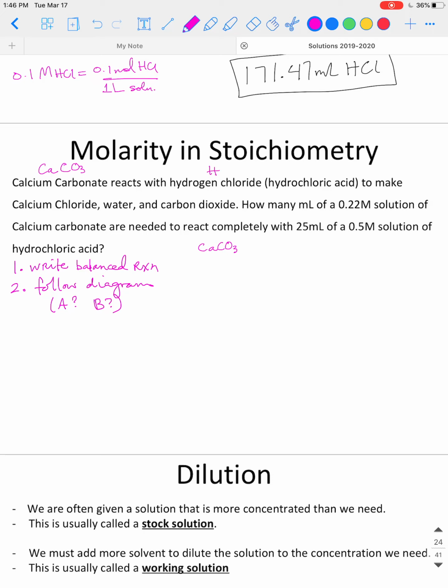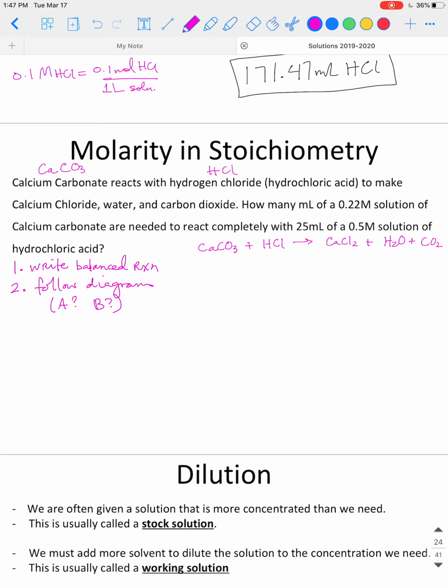It says it reacts with hydrochloric acid, hydrogen chloride, HCl, and it makes calcium chloride. We'll need 2 chloride anions there because calcium is a +2 charge. And water and carbon dioxide.